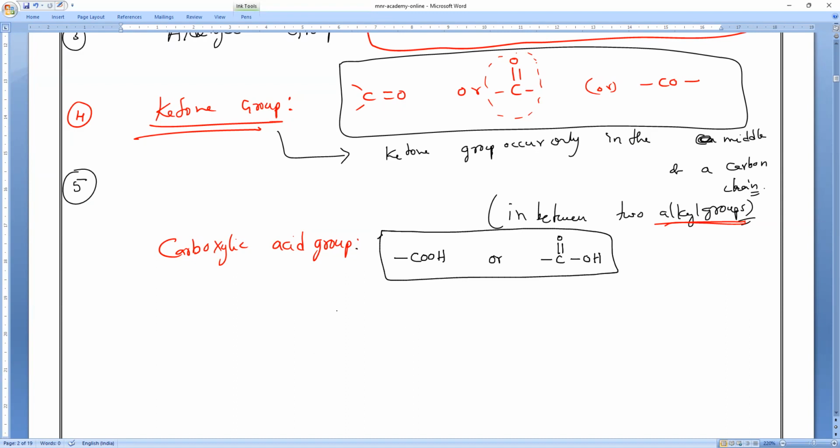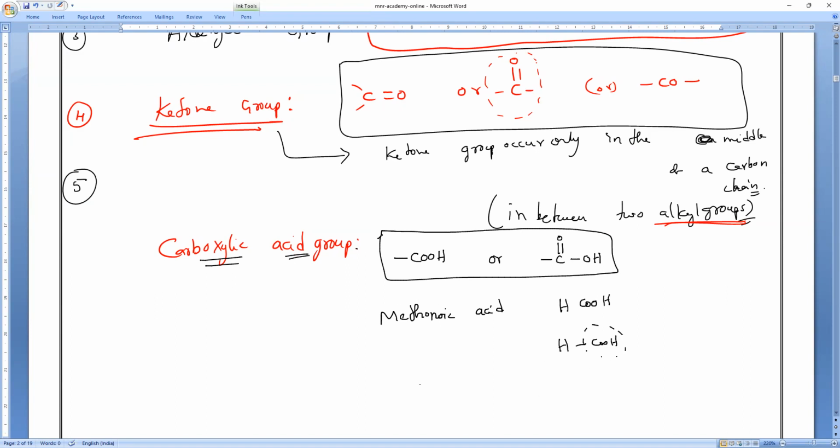For example, I have taught you the methanoic acid formula. Can you tell me the methanoic acid formula? HCOOH. Yes, HCOOH. If you notice, H bond COOH. So COOH is there, so it is the carboxylic acid.